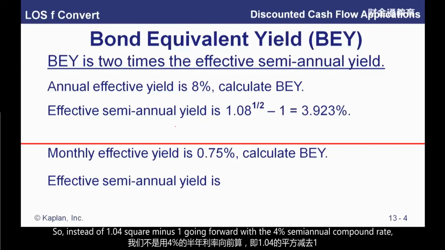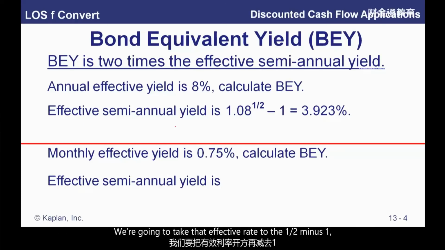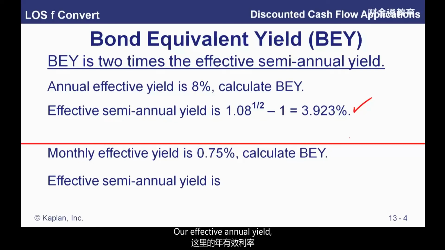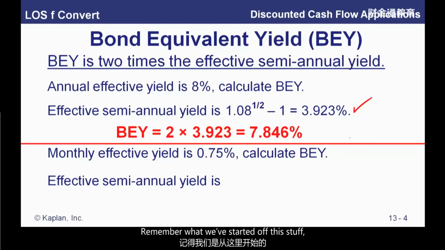Instead of 1.04 squared minus 1 going forward with a 4% semi-annual compound rate, we're going to take that effective rate to the 1/2 minus 1 and find out that if we earn 3.923%, compounding twice a year, our effective annual yield, remember where we started out with this stuff, is going to be 8%.